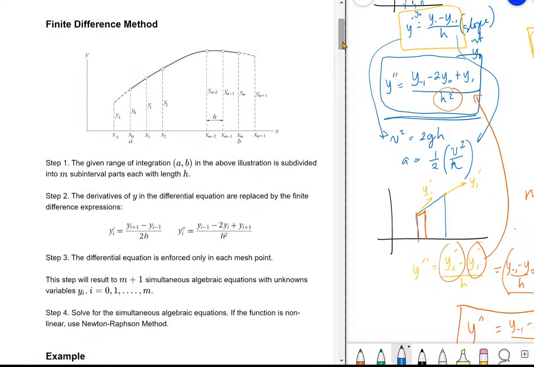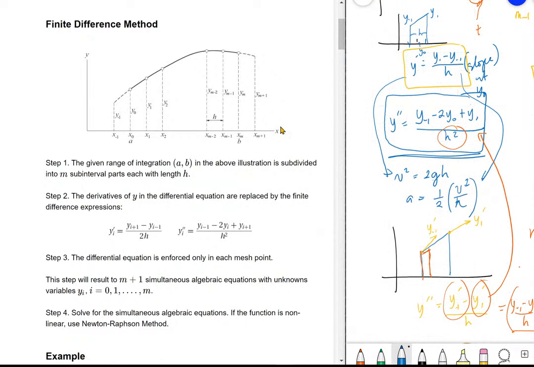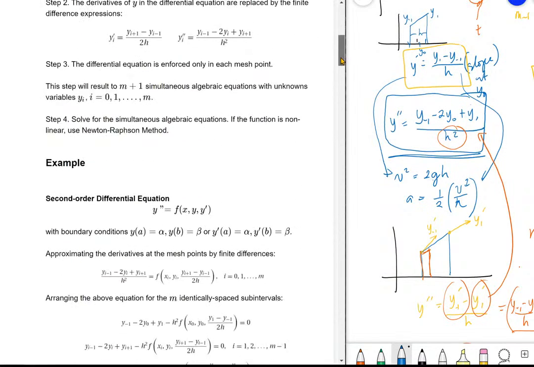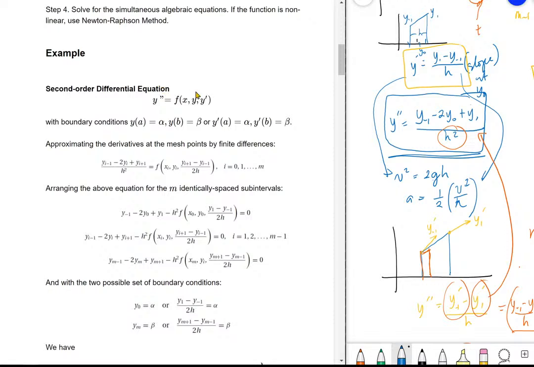In this module, we discuss the finite difference method, and we have observed from the previous video how to solve a very simple second order differential equation.